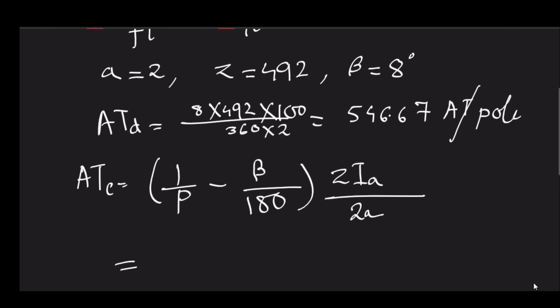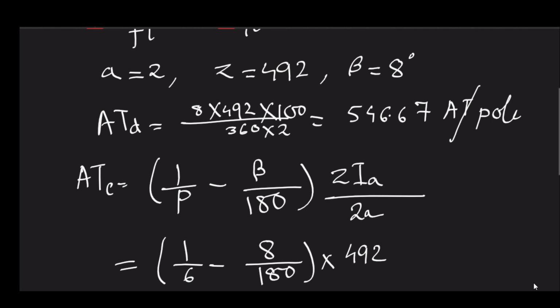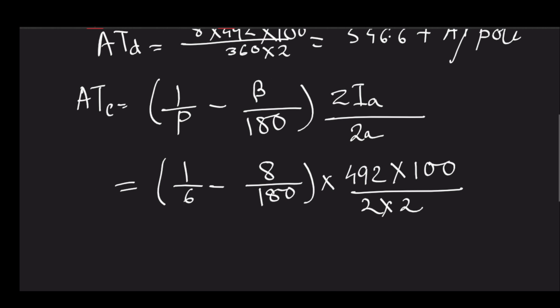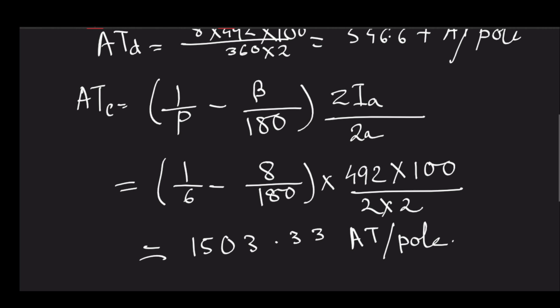So 1 by 6 minus 8 by 180 into 492 into 100 into 2 divided by 2 into 2. So it will give you 1503.33 ampere turn per pole. Actually, these numericals are not very intriguing, just straightforward application of formulas. If you know the formula, you can solve the numericals.